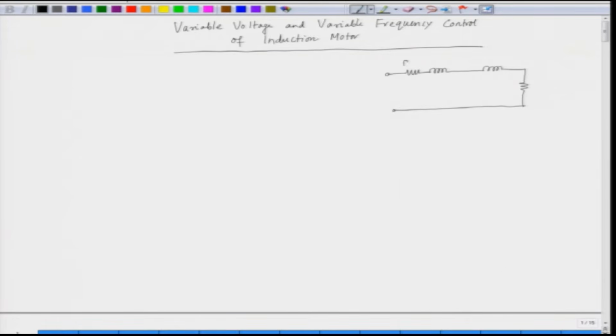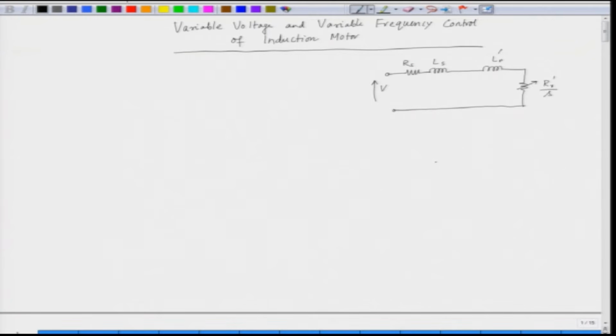Now, here this is R s, this is L s and this is L r prime referred from the primary side and this is R r prime by S. The applied voltage here is V.